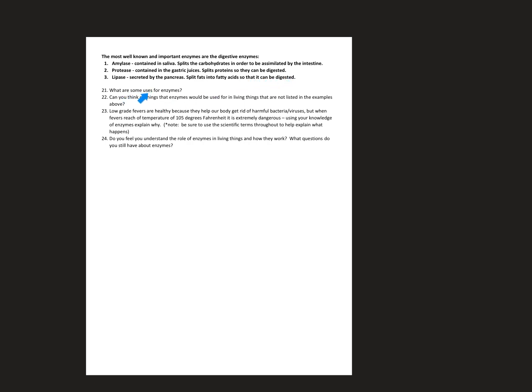What are some uses for enzymes? Well, it seems fairly general. But for enzymes, I would say they can do just about anything. They can break things up, break up molecules that we call substrates.